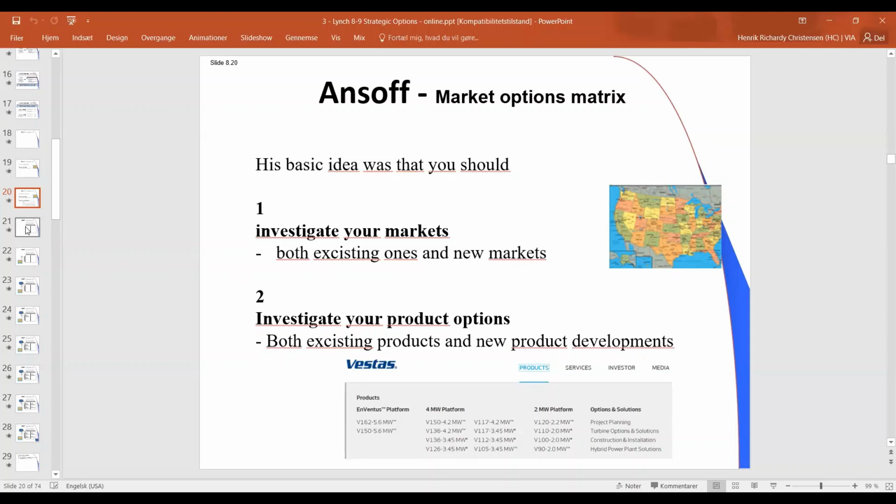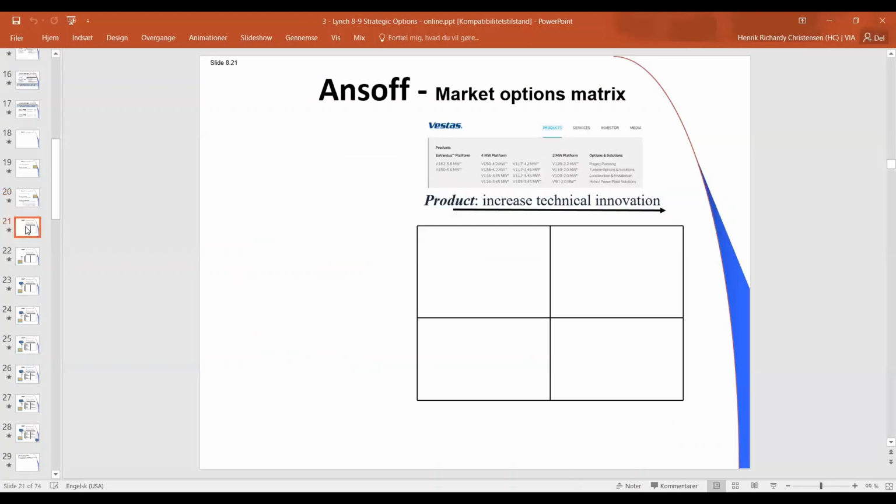Let's try to see how he suggests us to do it. As you can see here, he uses this square where we have 4 different areas, and he says, okay, we have the product here, which is existing products, and then we have increasing technical innovation this way.